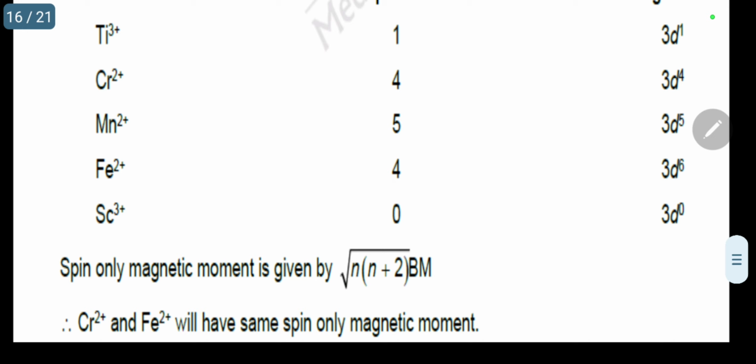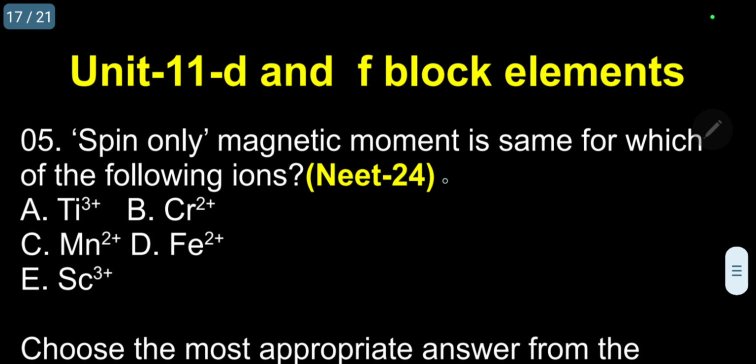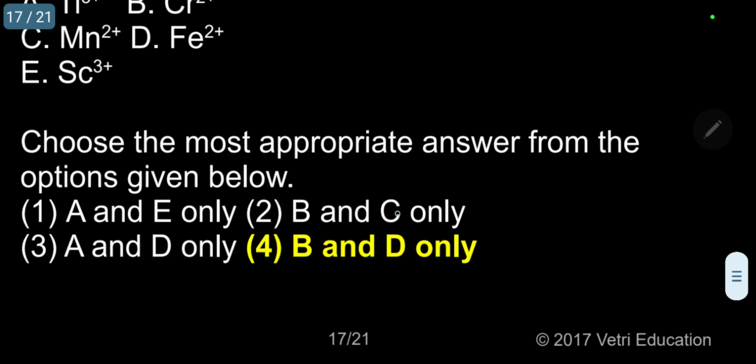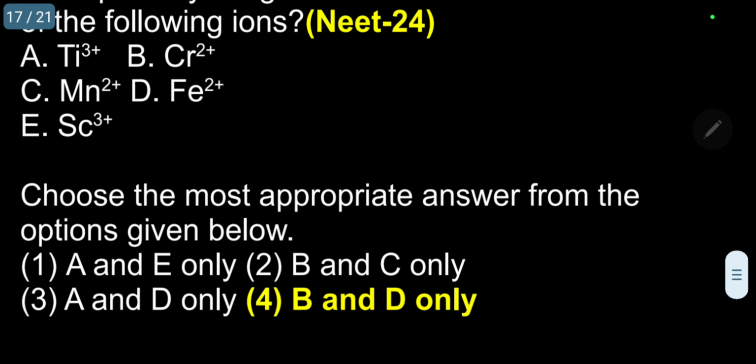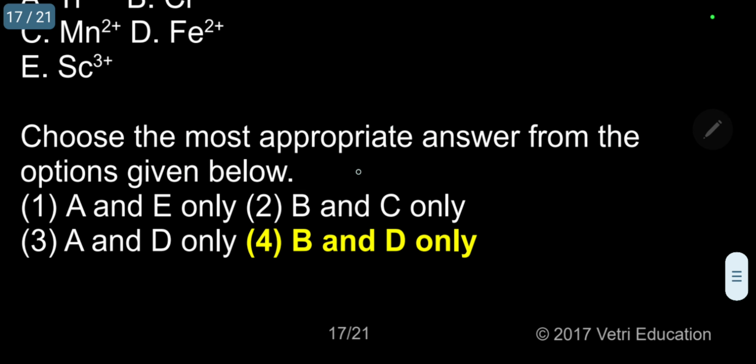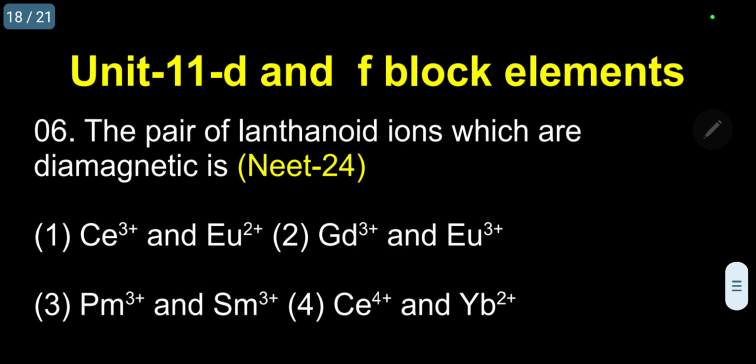So chromium 2 plus and Fe2 plus will have the same spin only magnetic moment. So the answer is B and D. They have only 4 unpaired electrons. Kindly follow.